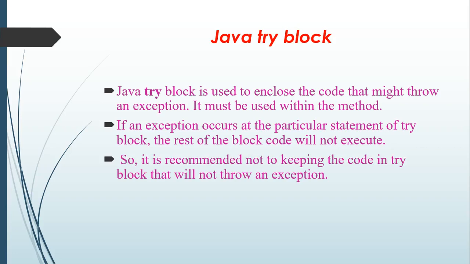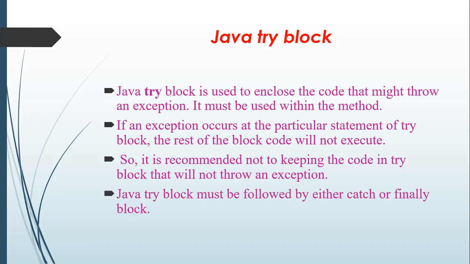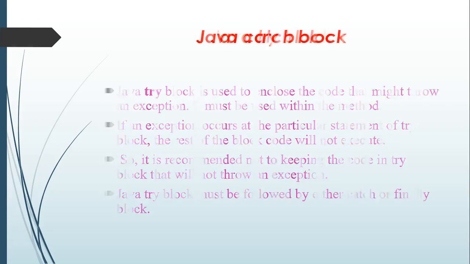The Java try block must be followed by either a catch or a finally block. So after the try block, it is recommended to use either the catch block or the finally block. We will discuss the catch and finally blocks in detail.